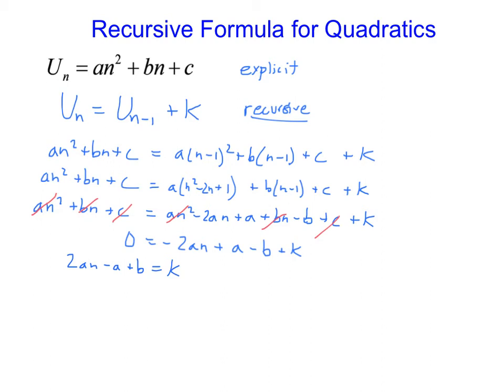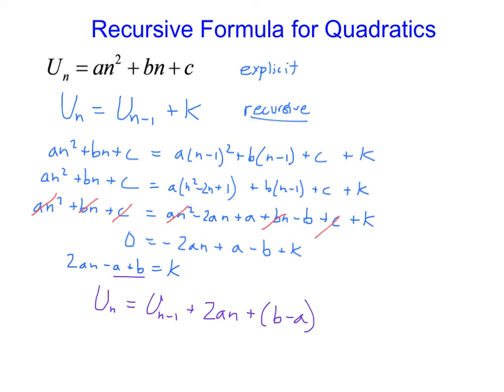So, in the long run for this whole thing, I can write the recursive for a quadratic: u sub n is equal to u sub n minus 1 plus 2an, and then I got this part, plus, I'll put it in parentheses, b minus a. We'll do it in that order instead of negative b plus a.